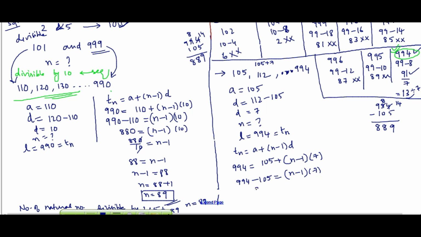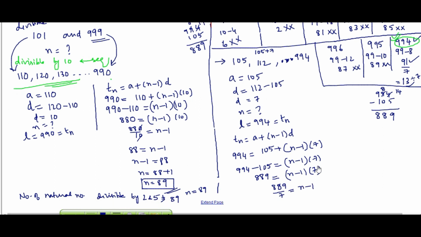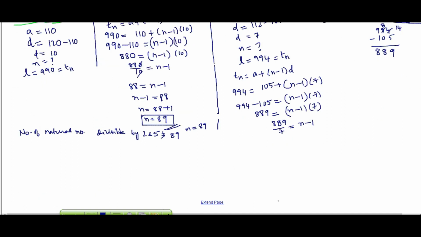So 889 is equals to n minus 1 into 7. Let us divide this. 889 by 7 is equals to n minus 1. Do you get that? Yes, you can cancel with 7.